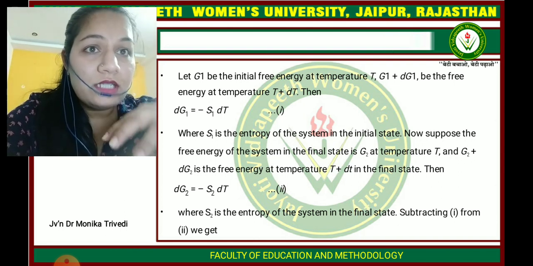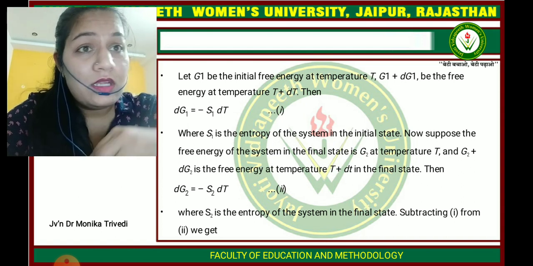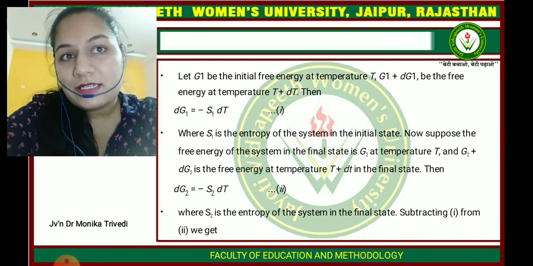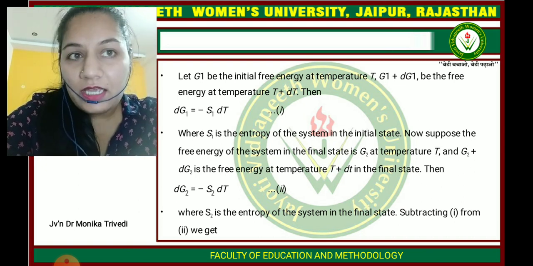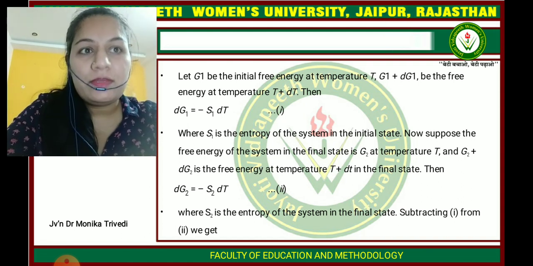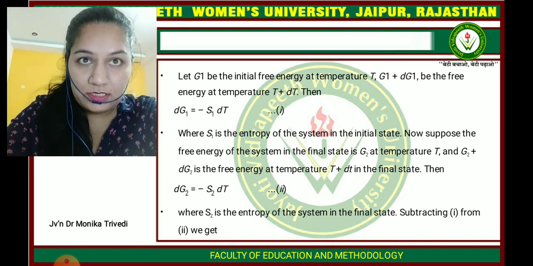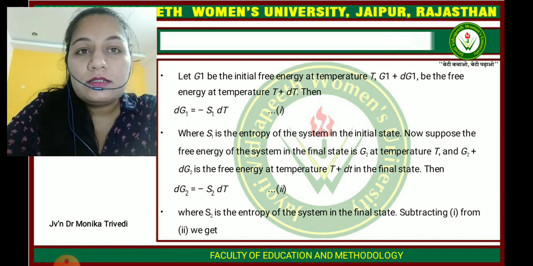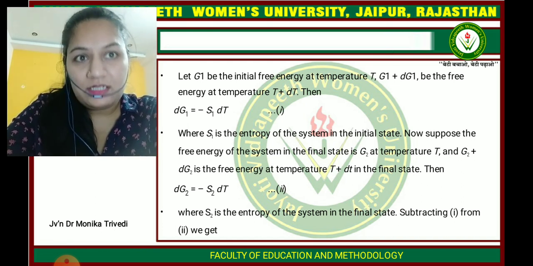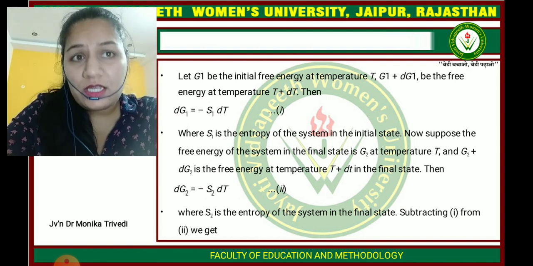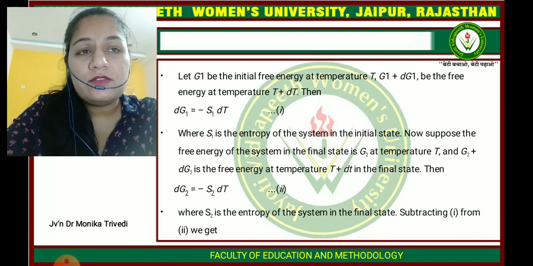Now suppose the free energy of the system in the final state is G2 at temperature T, and G2 plus dG2 is the free energy at temperature T plus dT in the final state. Then dG2 is equals to minus S2 dT. This is equation 2, where S2 is the entropy of the system in the final state.